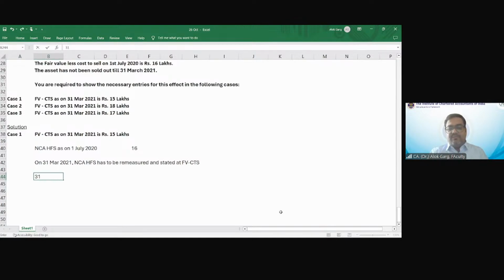Impairment loss account debit. Impairment loss on remeasurement of NCA HFS debit, to NCA HFS credit. This is on the reporting date. What is the amount? 16 minus 15, which is 1 lakh. So again 1 lakh rupees of impairment loss will be charged.